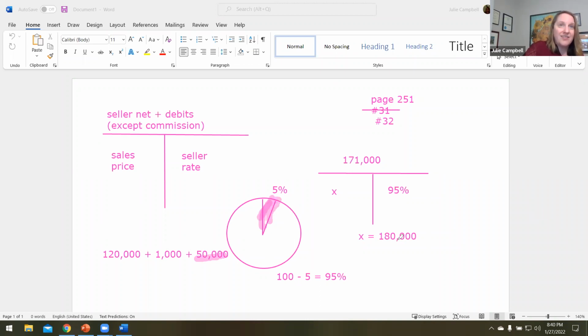Anything more than $180,000, I got a happy seller, yes, because now they're going to get more than $50,000. The trick to seller net is their net and debits go on top, everything except commission, and the seller rate, figuring out how much of the pie is left once the seller pays you.